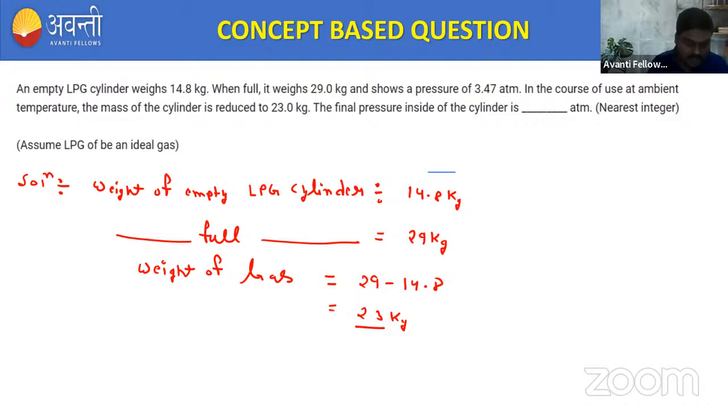Then the weight of gas used, ठीक है, because they are saying that in course of use at ambient temperature, the mass of the cylinder is reduced to 23. So mass reduced हो गया 23.